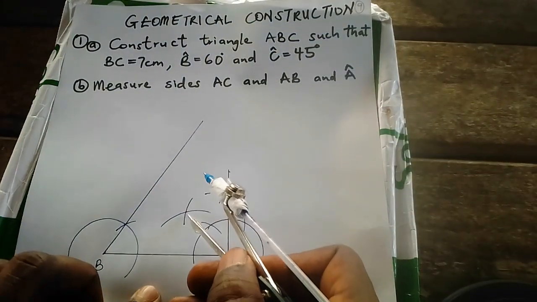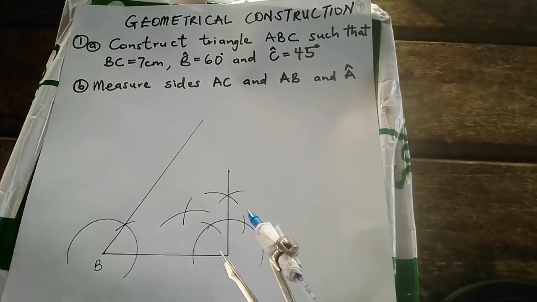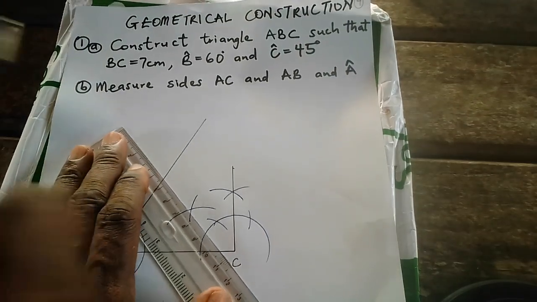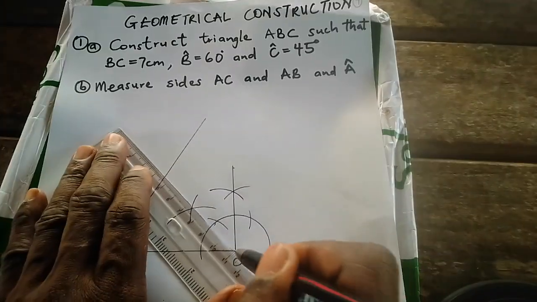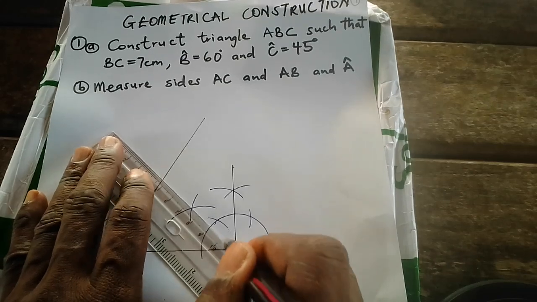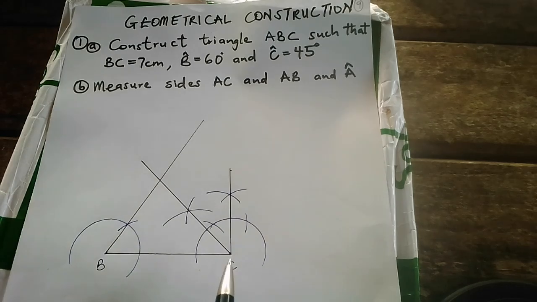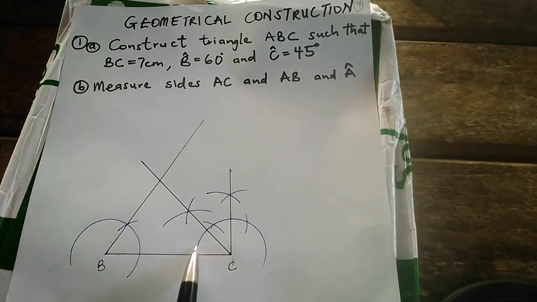The point of intersection here, I'll now join to the center of the circle. So this now gives me angle 45 degrees.